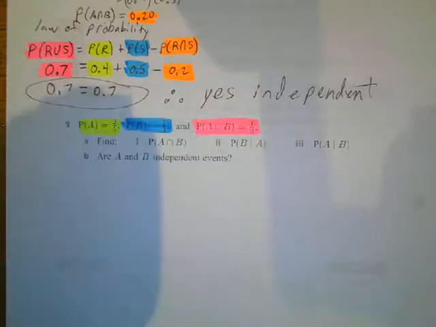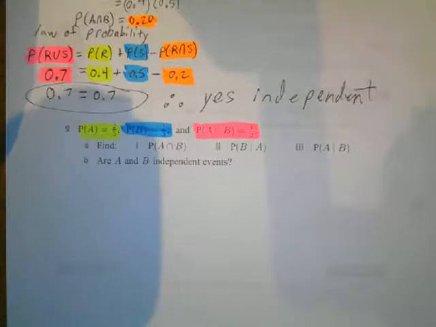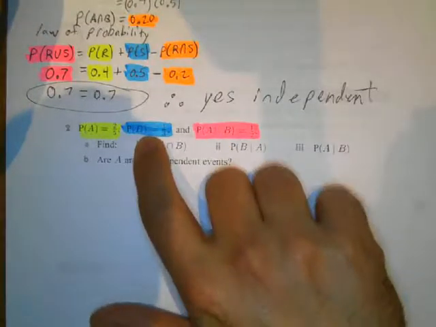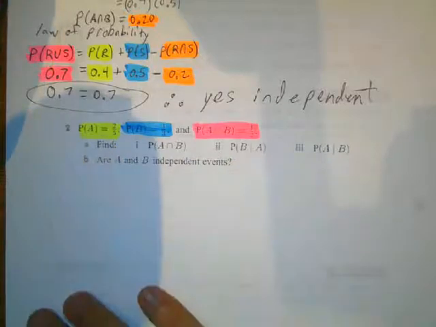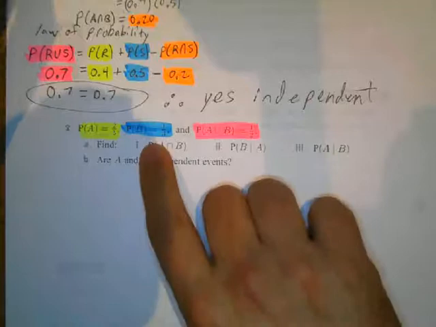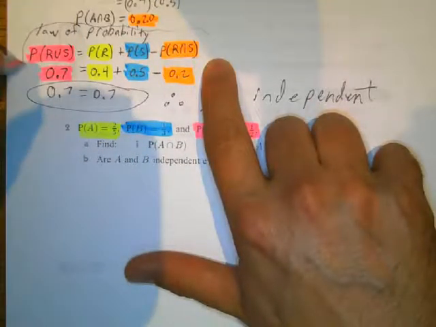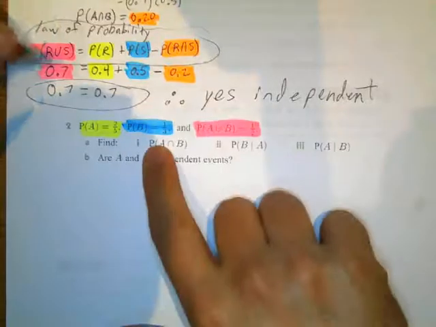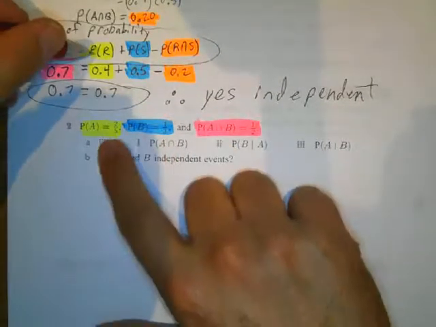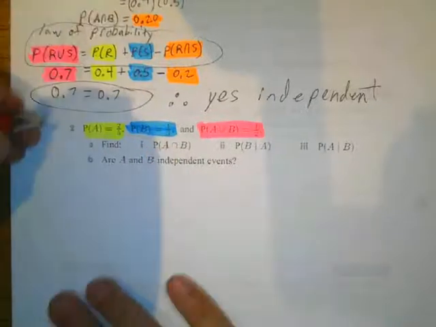Okay, so find the probability of the intersection. Okay, so we know the union, we know B, we know A. So now we want to find the intersection. So here's our formula right here. Right, the law of probability is equal to probability of the union equals probability of A plus probability of B minus the intersection. And we're trying to solve for the intersection.